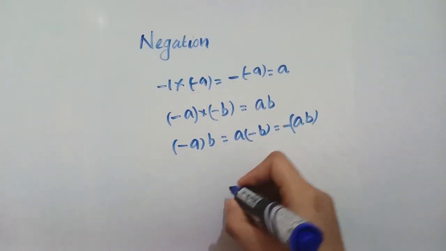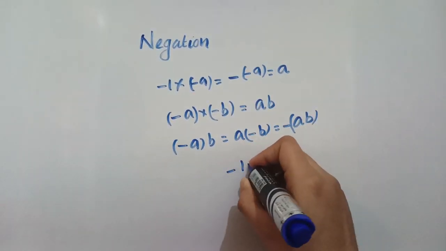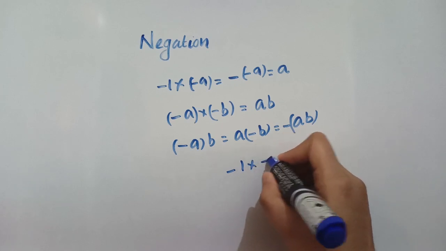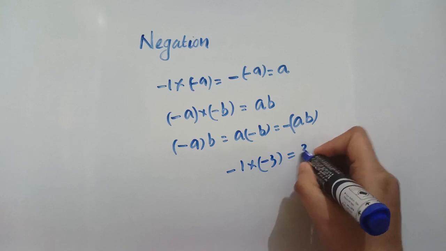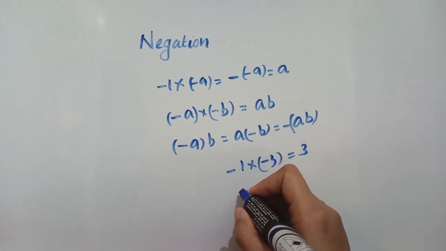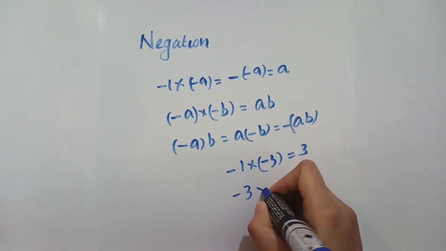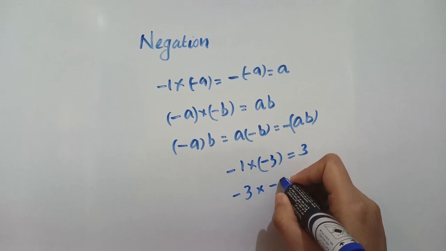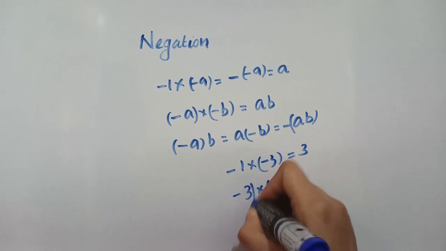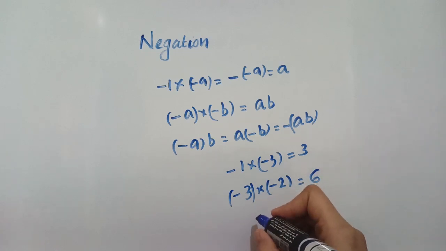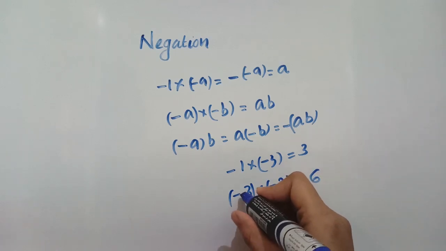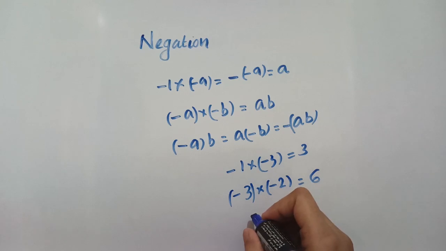For example, in the first case, minus 1 into minus 3 is equal to 3. Second, minus 3 into minus 2. The answer is 6, because minus into minus is plus.